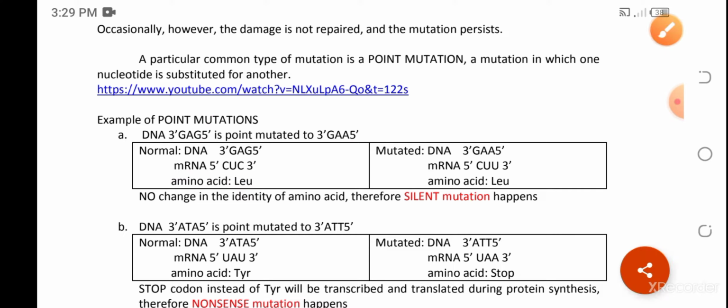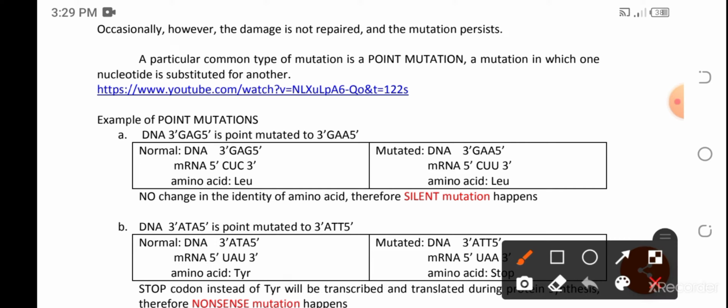However, since it was point mutated into GAA, the mRNA transcribed would be 5' CUU 3'. Okay, so kung kanina CUC doon, CUU naman dito. And it would be translated into an amino acid leucine. So as you could see, both amino acids are leucine. Kahit na point mutate siya, there's a point mutation here, they still code for the same amino acid.